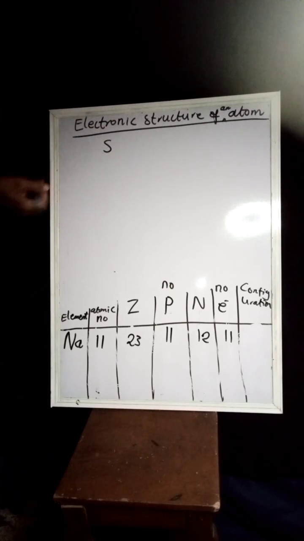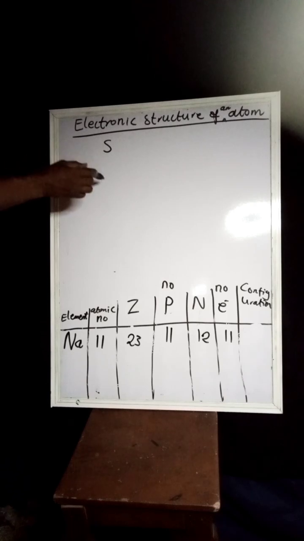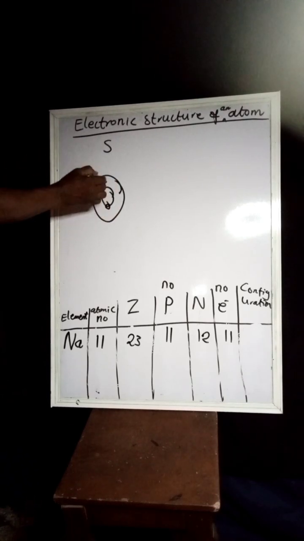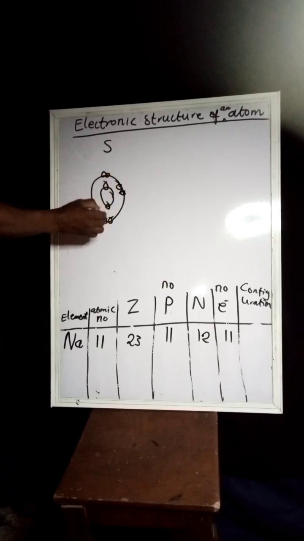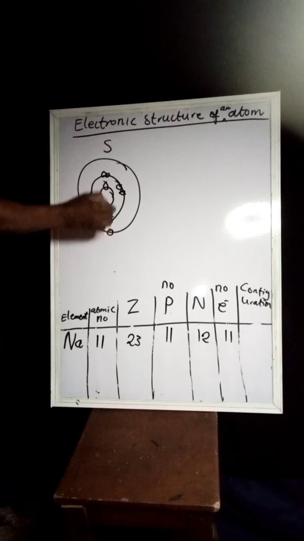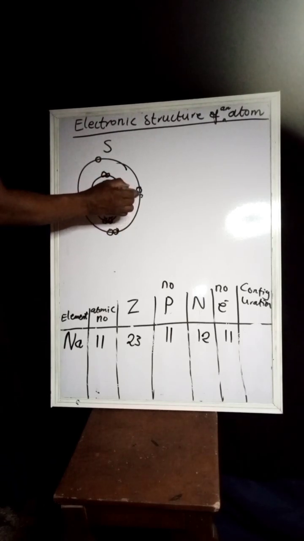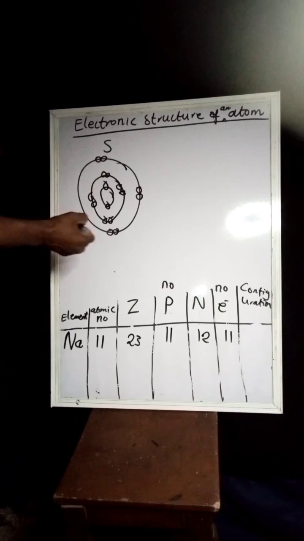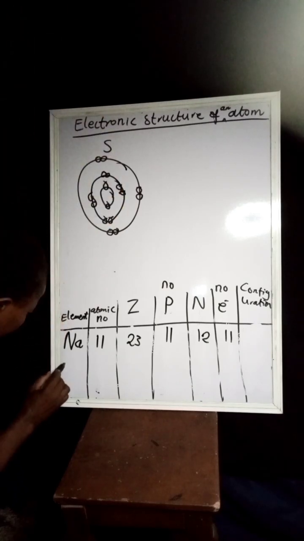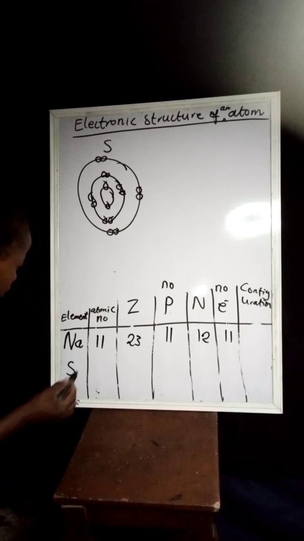Sulfur is the 16th element. So it means we have hydrogen, helium, lithium, beryllium, boron, carbon, nitrogen, oxygen, fluorine, neon, sodium, magnesium, aluminium, silicon, phosphorus, sulfur. Okay, then we have S for sulfur.